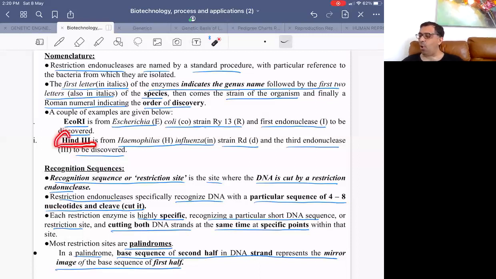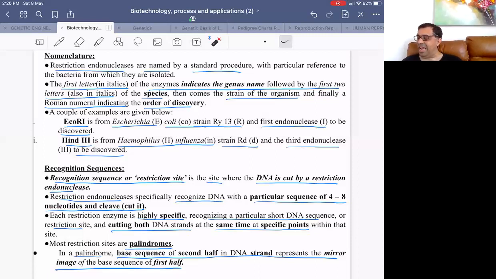H stands for Haemophilus, in stands for influenzae, Haemophilus influenzae. d stands for strain Rd. And it is III, the third endonuclease to be discovered from Haemophilus influenzae. So this is how the nomenclature is done.